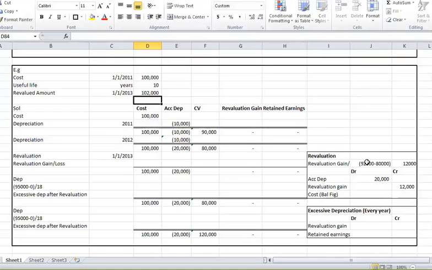So the revalued amount is 102,000 instead of 92,000, and your revaluation gain is 22,000 pounds. So this is the example. Revaluation gain will be credit. Accumulated depreciation, total depreciation is 20,000 pounds. It would be a debit entry, and the balancing amount will be recorded in the cost of the asset.